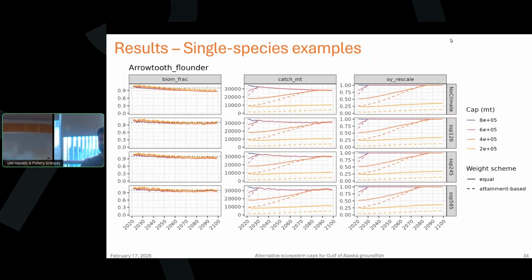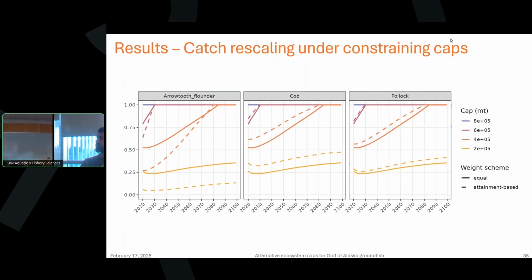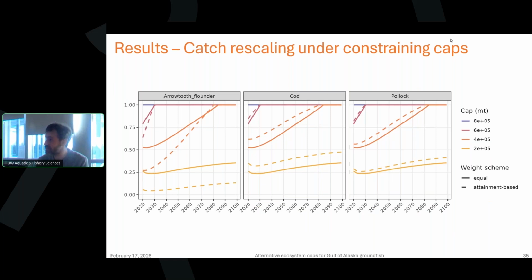All right, I think we can skip over this. One thing that, so here's where the catch rescaling stuff becomes important. This is the rescaling of your harvest specification that occurs under the various caps.